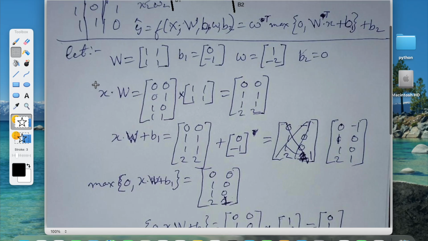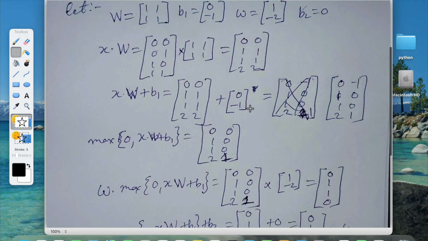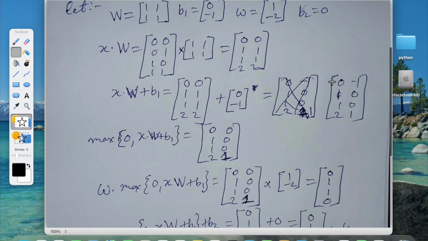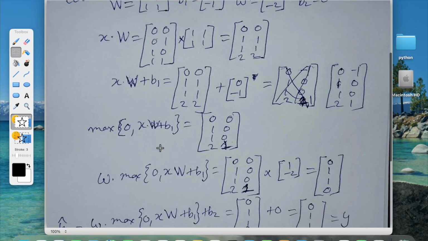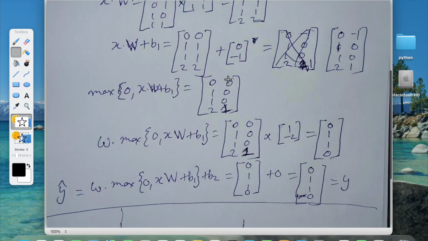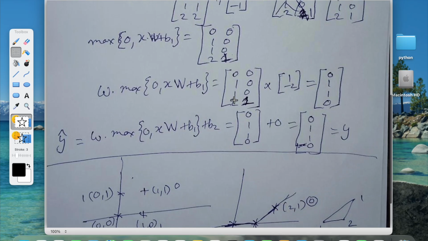First you calculate w into x, that is x into w, and you get this particular value. Then you add the bias to it, and we got this value. Then we have to pass it through the ReLU function, which basically converts this -1 to 0 and keeps the others as they are.